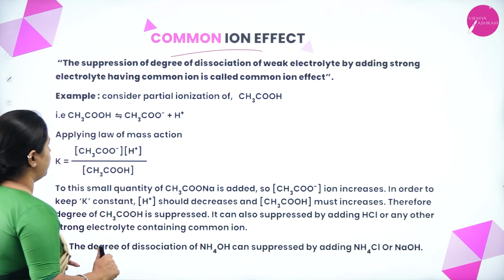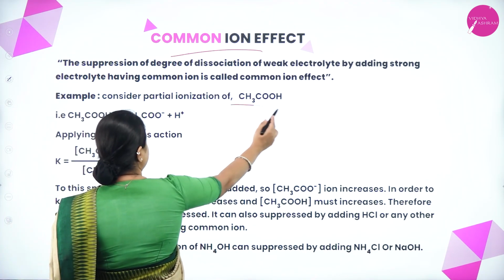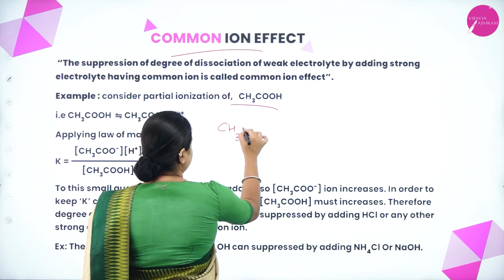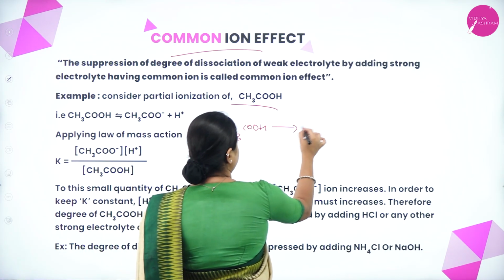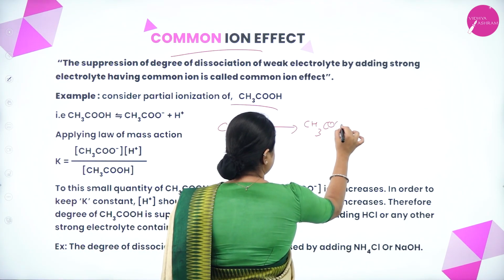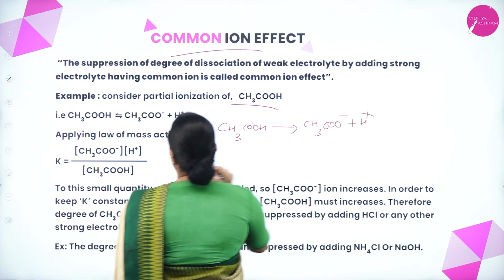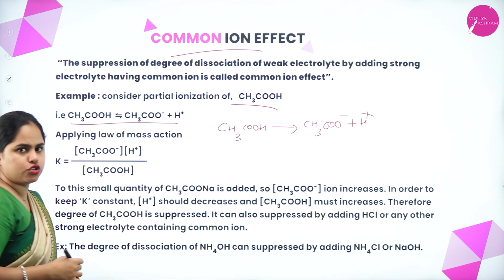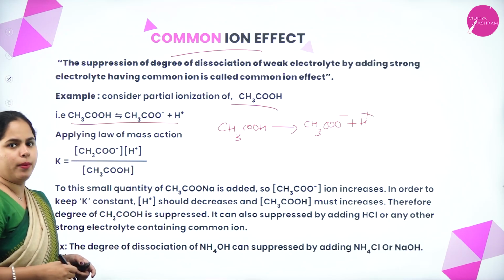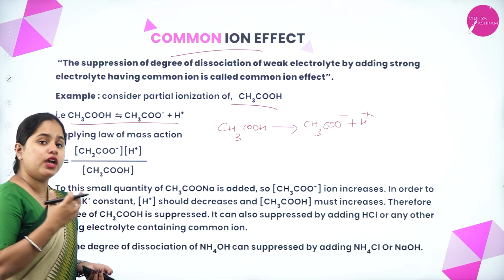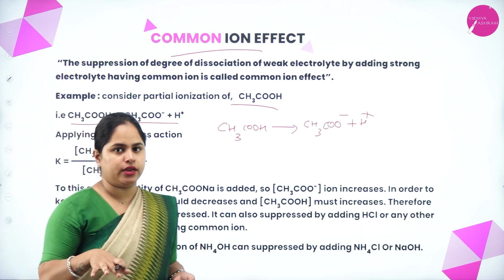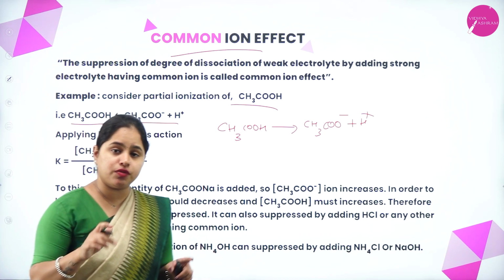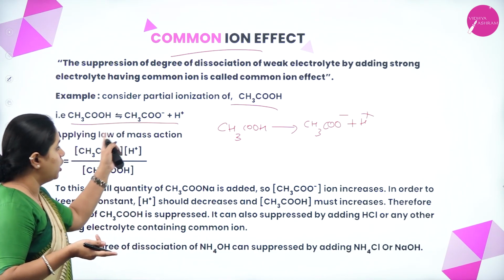So let's take an example. Consider the ionization of acetic acid. How does it dissociate? CH3COOH dissociates into CH3COO minus and H plus, which is shown here. Now we are going to add a strong electrolyte which will have an ion common to this.